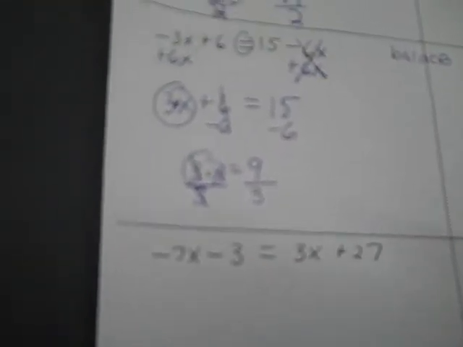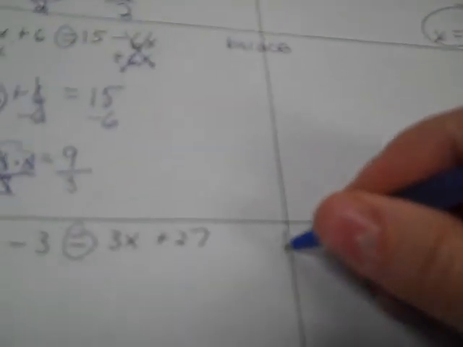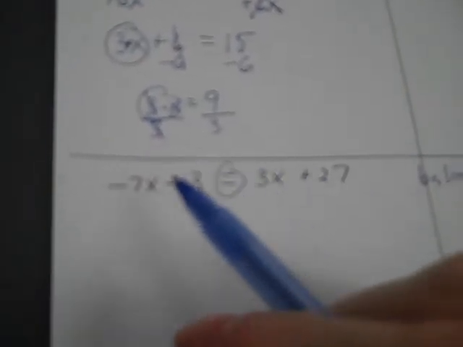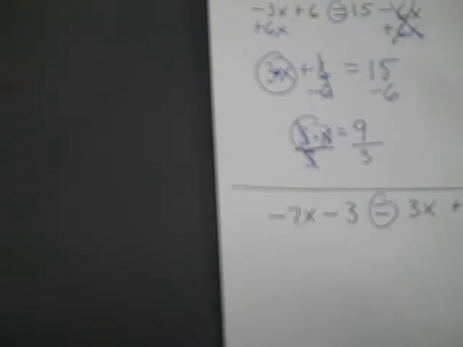Okay, next one, negative 7x minus 3 equals 3x plus 27. Again, you got x's, but they're on opposite sides, so we have to balance. So I got a negative 7 and a positive 3. Well, negative 7 is smaller, so that's where we want to do the opposite right here. So what's the opposite? Now, a negative 7 is like a minus 7, okay?